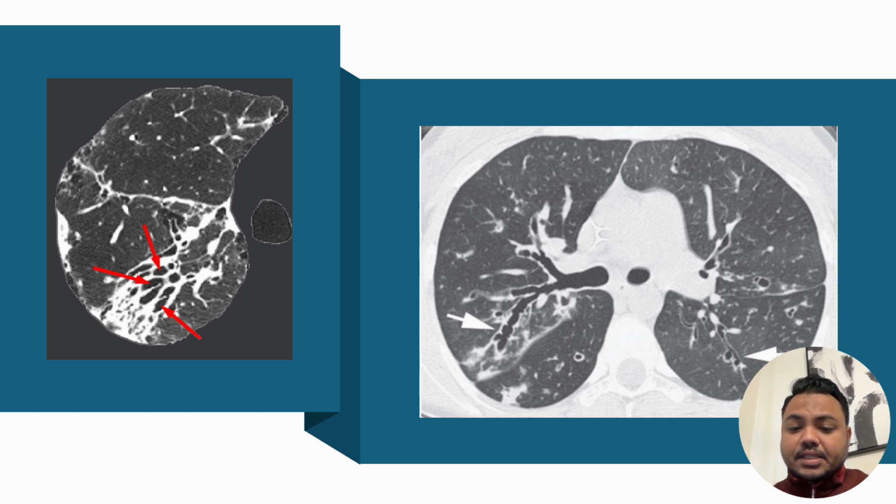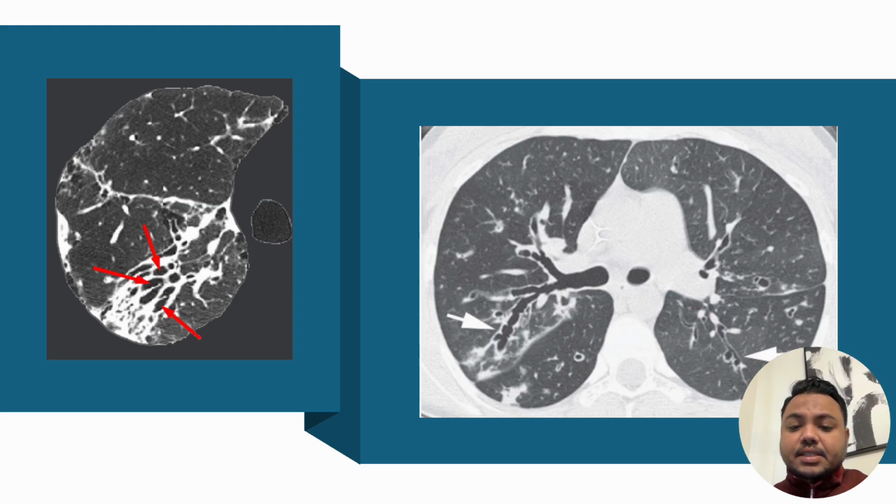Compared to this CT, where you can see the bronchus dilated from the very proximal to the distal end, have a look at the associated lung tissue. There is no lung fibrosis. You can see some mucus plugging here, and some infective or inflammatory changes here, but there is no obvious lung fibrosis surrounding the dilated bronchus.